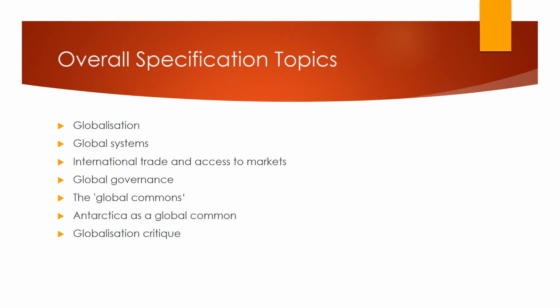As I've said to you before, these topics sort of interweave and interlink between each other. So although we've only done the first bit, globalization, we've touched on international trade and markets, and we've done a little bit on global governance already, and the critique of globalization. So we're sort of covering little threads all the time and adding to our overall understanding of globalization and global systems.